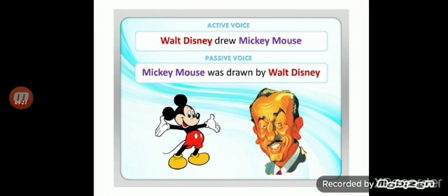So Mickey Mouse, the object, comes to the subject place. Drew is an action verb. There are some changes in the verb. It will be changed into was drawn, and by the subject Walt Disney.